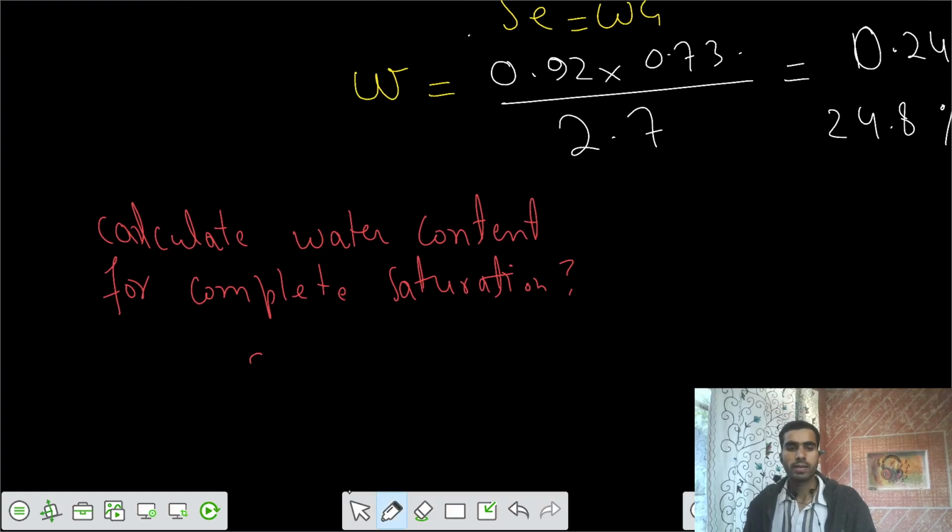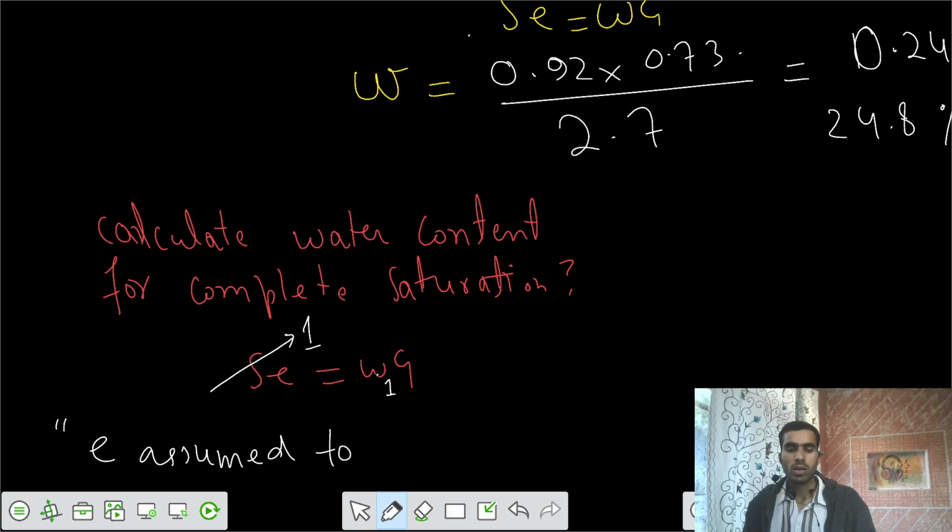We have the equation SE equals WG, and for complete saturation, S is equal to 1, and at that time let's write the water content as W1. But your value of E might change. We are going to assume that the E value remains constant.